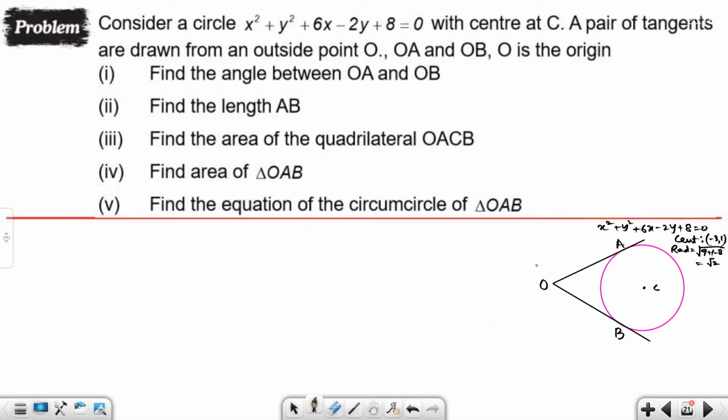We have to find the angle between OA and OB, that is, this angle. For that, let me just join O with C, A with C and C with B.